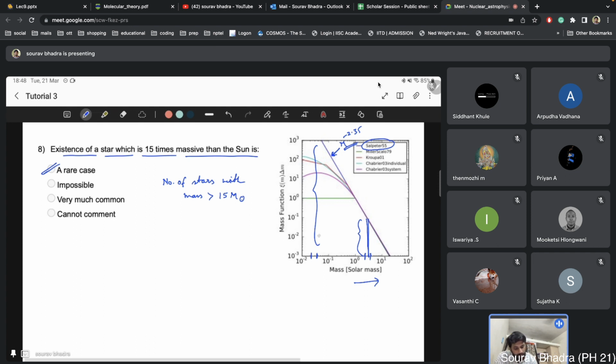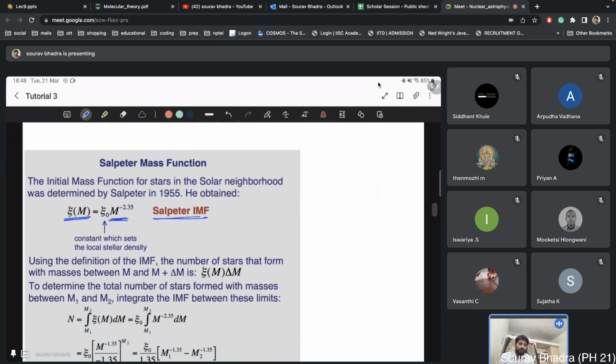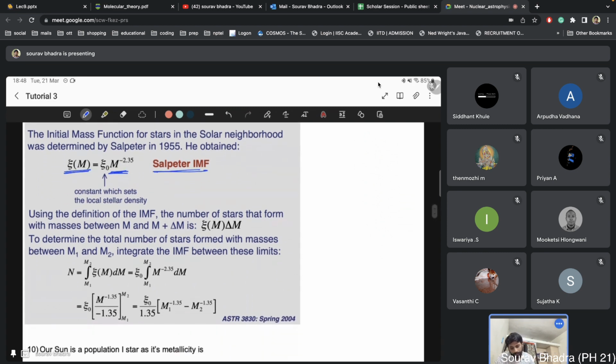Now if we calculate using the Salpeter mass function, where the number of stars with mass m goes as m to the power minus 2.35, then using this definition of the initial mass function, we can calculate the number of stars with mass between m and m plus delta m. It is just an integration.